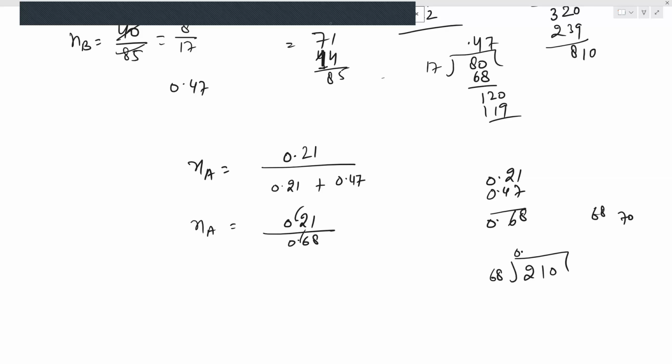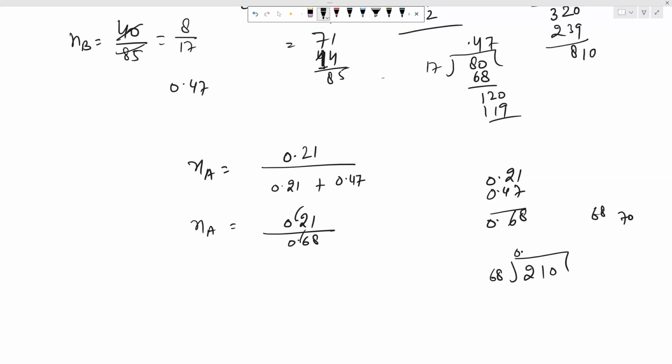If it is exactly 70, then you will get approximately 7 into 3 is 21. So approximately 3 times. 68 into 3, how much will you get? 3 8s are 24, 2 carry, then 3 6s are 18, plus 2 is 20, so 204, and the remaining is 6. Then you put the decimal, add a 0 and continue. So it is approximately 0.30. So XA is equal to 0.30.